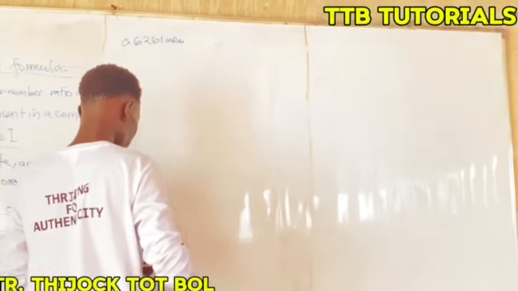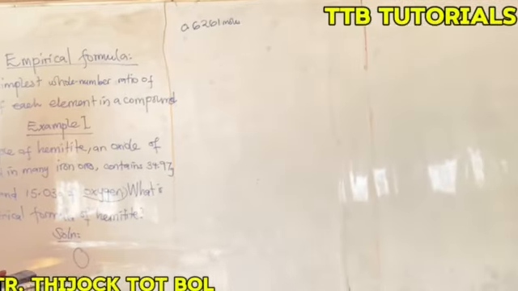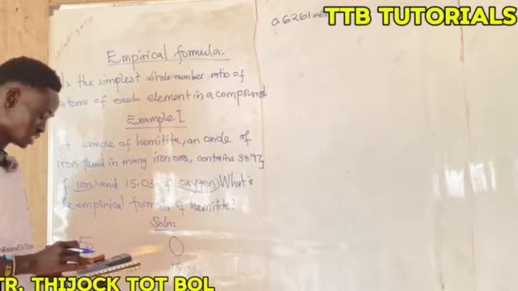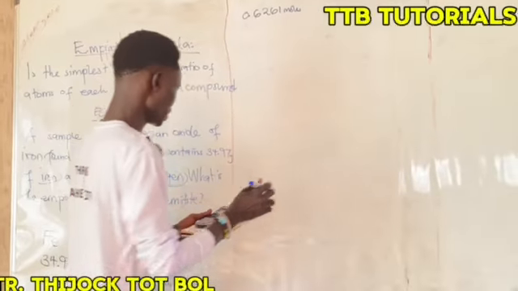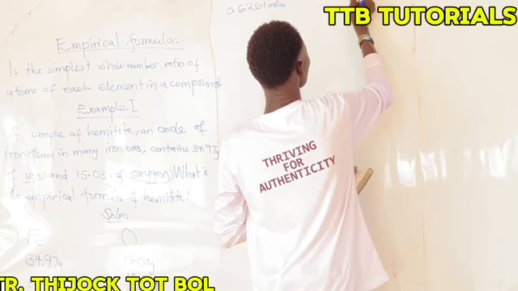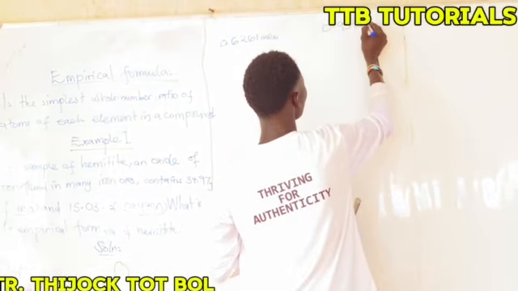Then on the side of oxygen you do the same. You will get 15.03 divided by 16. How many are you getting? Here you get 0.9393 moles.